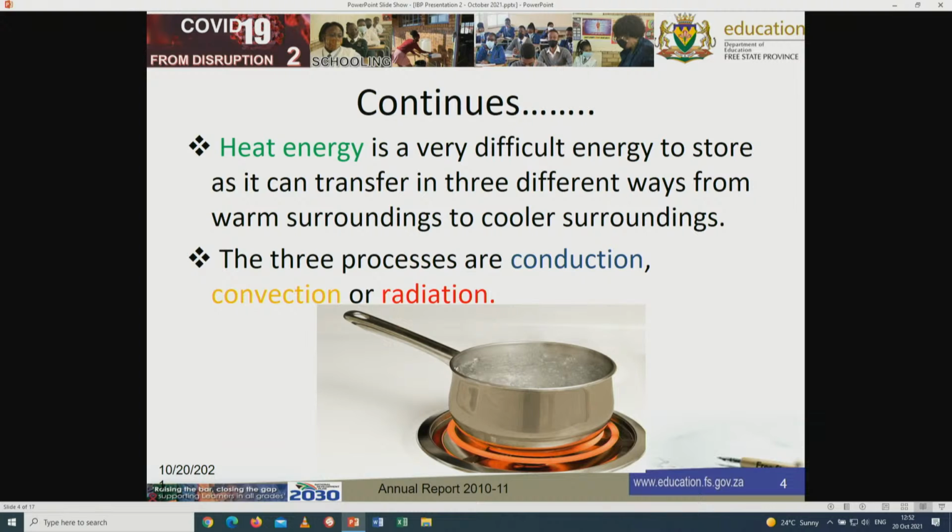Heat energy is a very difficult energy to store, more especially when used in an open environment or open system.